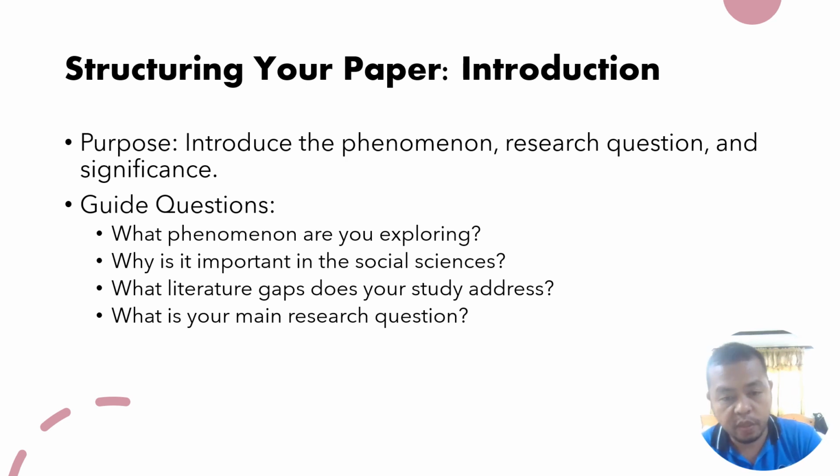That's another discussion in the introduction part. Then on the third part, you write the literature gaps that your study addresses. Going back to our previous discussion on literature review and identifying the gaps, you cannot just write the literature gap directly, but you make a summary of your literature review.